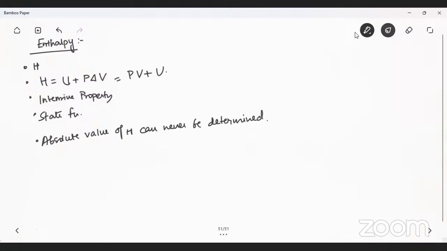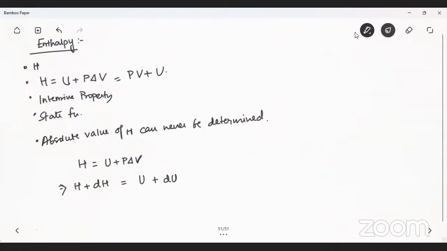Now, H is equal to U plus PV. If we write H plus del H, that will be U plus dU, plus P plus dP with V plus dV.